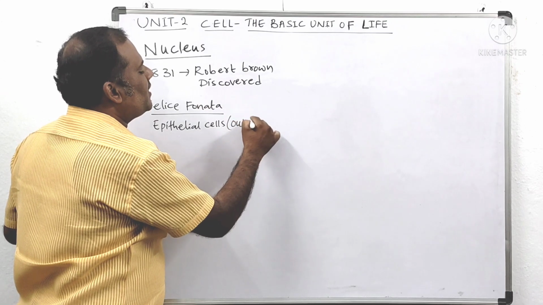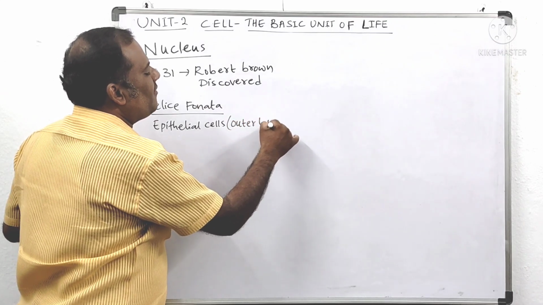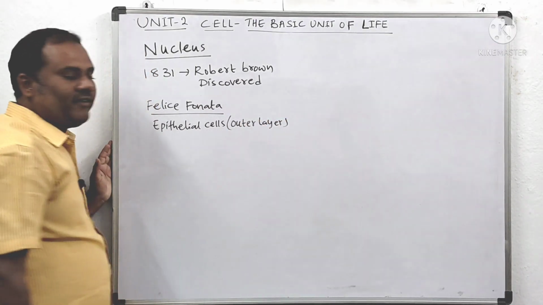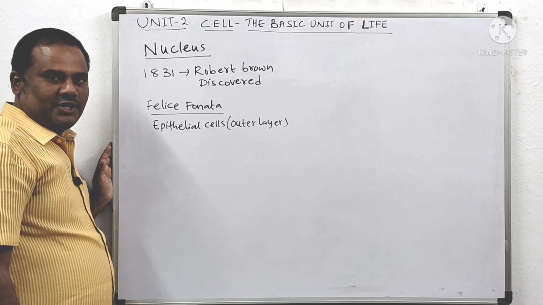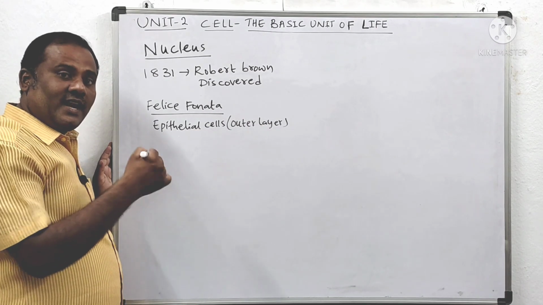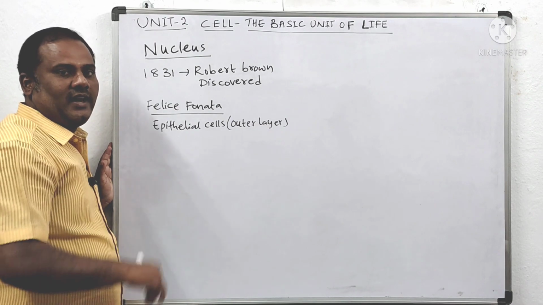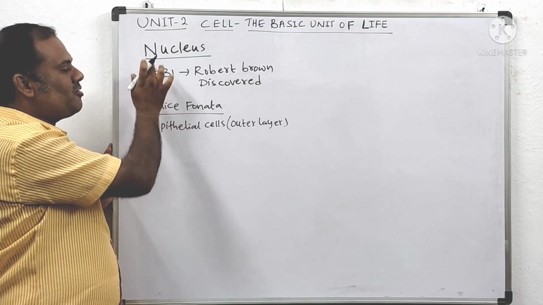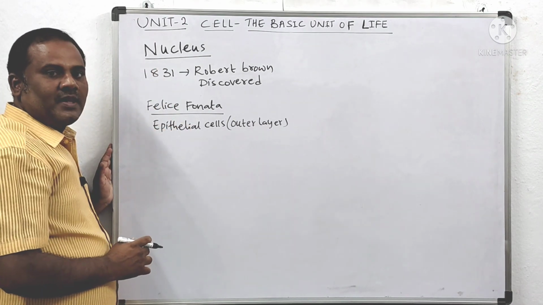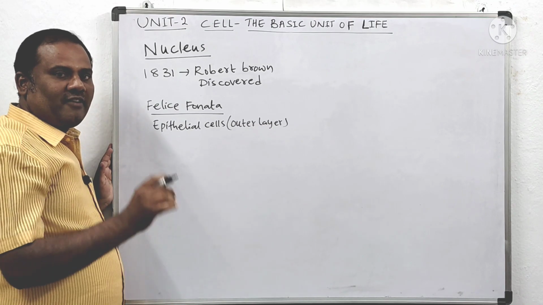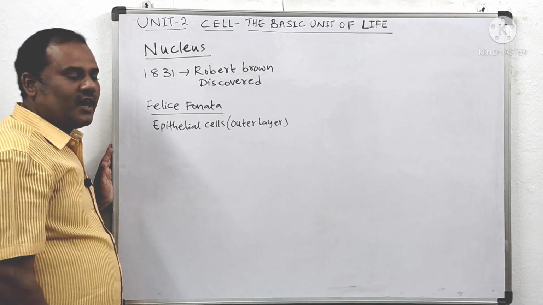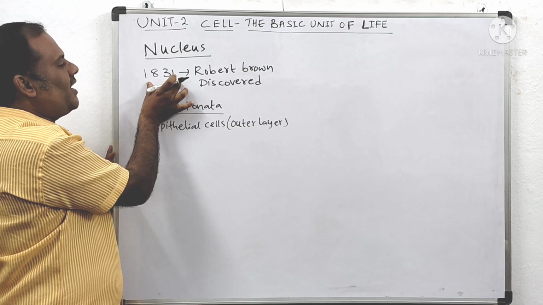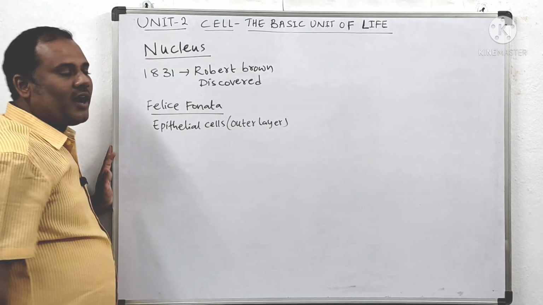That is the outer layer of animals, called epithelial tissue or epithelial layer. He observed the nucleus there first, but he was not perfectly confirmed whether it was a nucleus or not. So the credit for discovering the nucleus was given to whom?